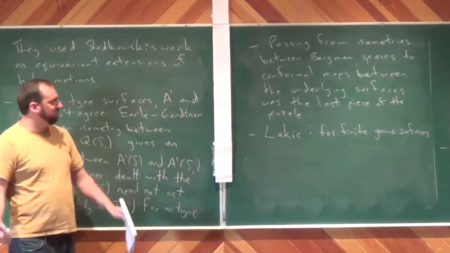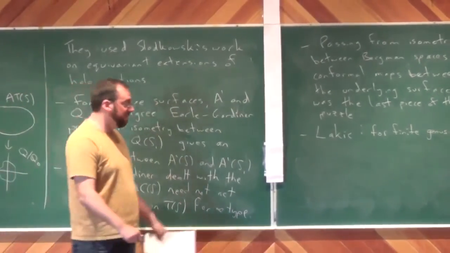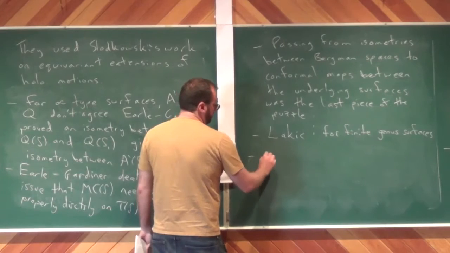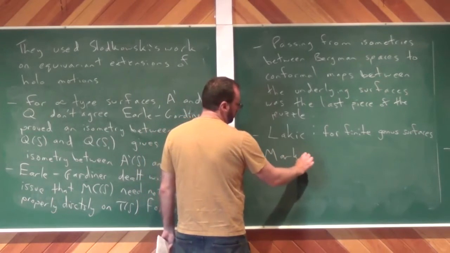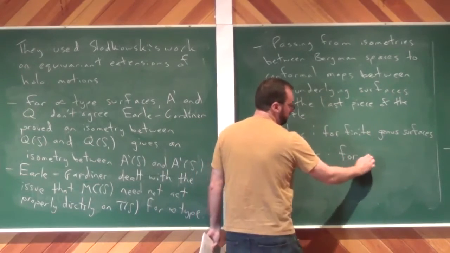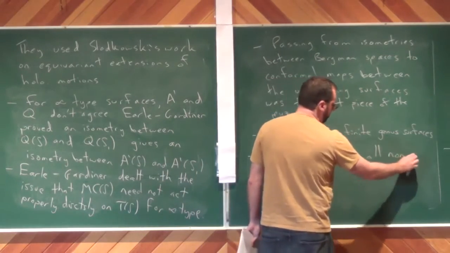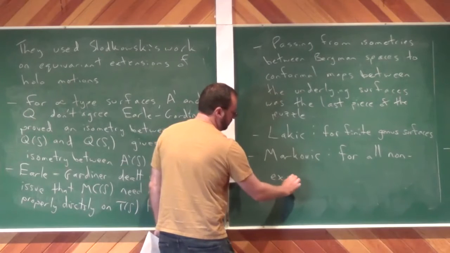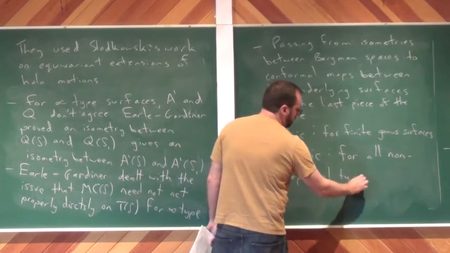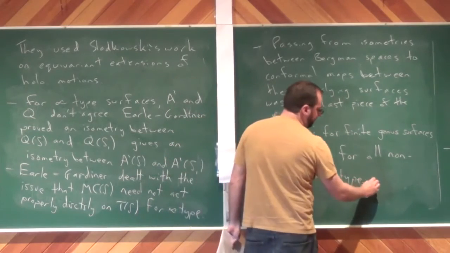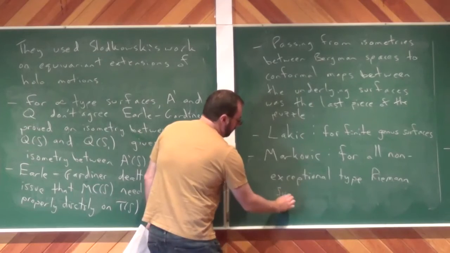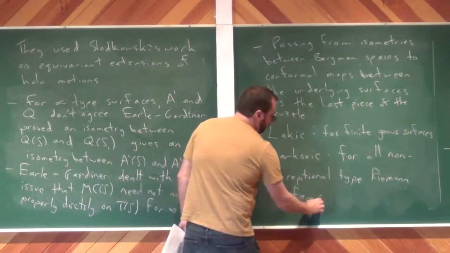have pulled out, must have pulled out infinitely many punctures to get that finite genus surface. And Markovits did this for all non-exceptional type Riemann surfaces.